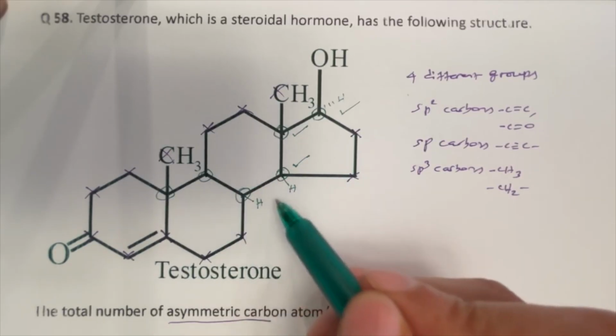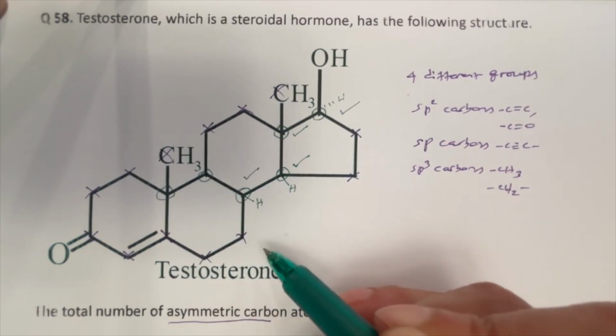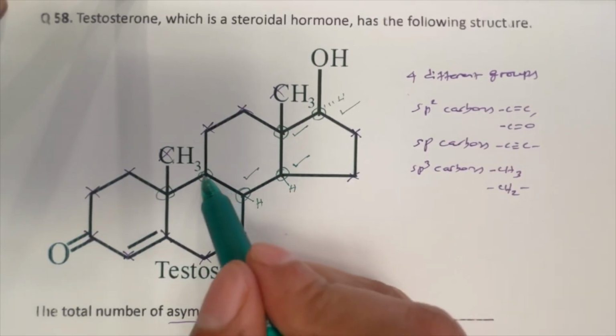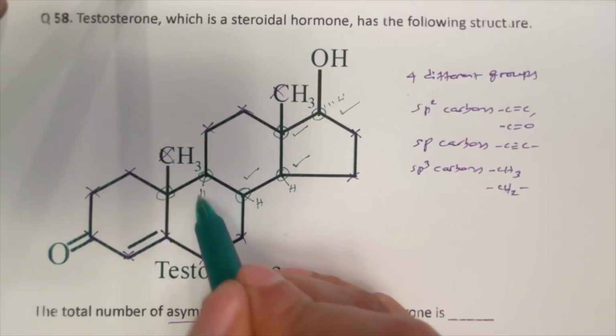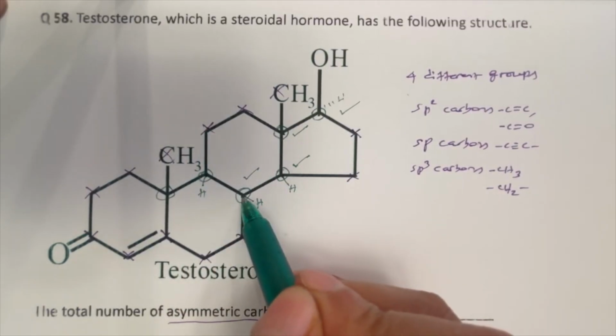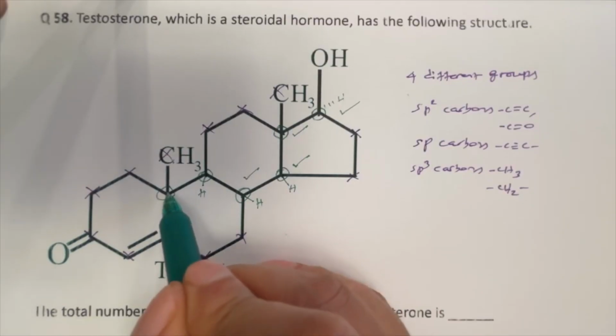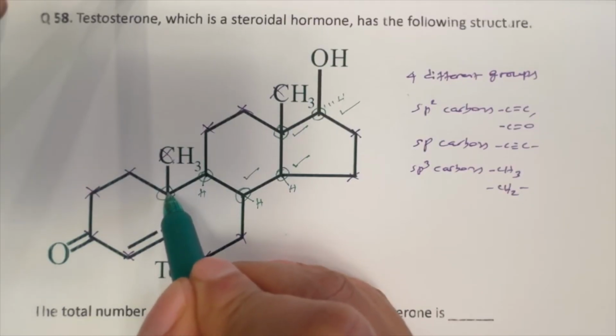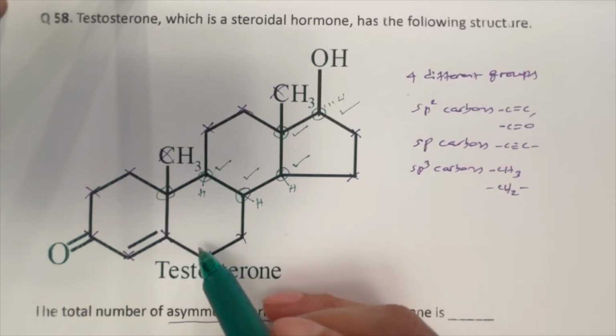So therefore there is asymmetry. Therefore this is also asymmetric carbon. How about this one? We have a hidden hydrogen, CH2, CH, and then we have a quaternary carbon. Therefore this is also asymmetric.